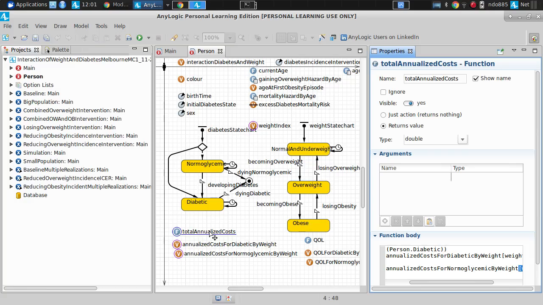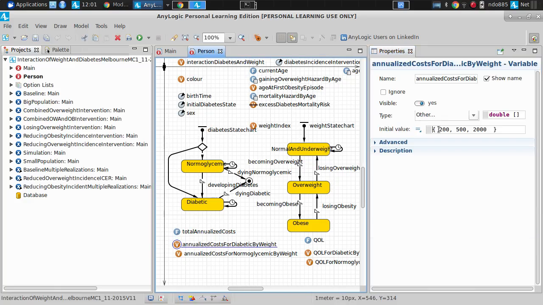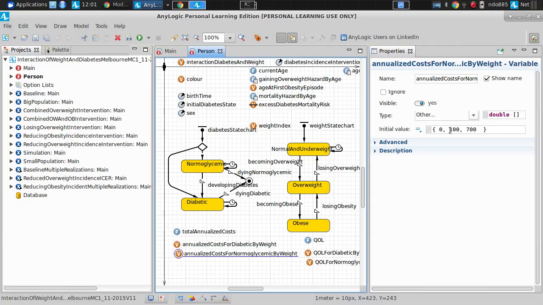So in short, ladies and gentlemen, we have costs borne for different individuals by their weight. I've just clicked on this one down here, which gives for successive levels of weight, normal and underweight, overweight and obese, the costs per year for a diabetic. And then similarly, this one for a normal glycemic person.